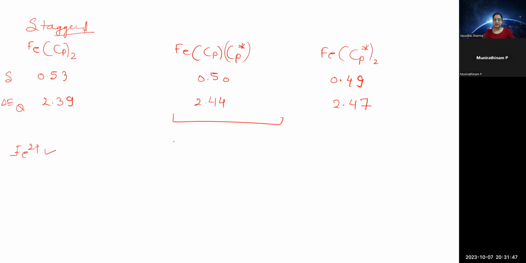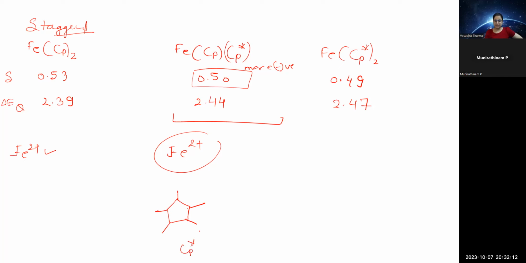In CP star, here also we say that iron is +2. And then why has the delta value, that isomeric shift value, decreased? If you consider, the delta value is going towards the more negative side. If it is a lower value, that means it is more negative. Now, generally, if we have CP with a methyl version, which is CP star, you know that methyl has a tendency of +I effect.